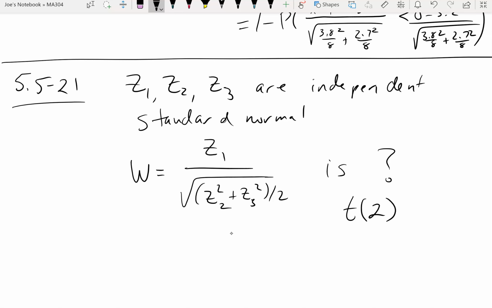All right. So there is a table in the back of your book. I'm not going to go through the table right now, mainly because I forgot to make a copy and put it on the computer. But there's a table in the back that works almost exactly like the chi-squared table.